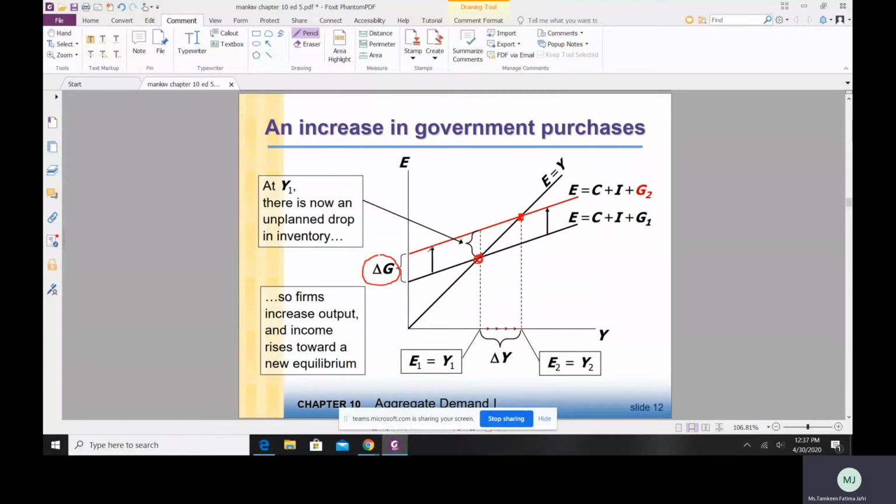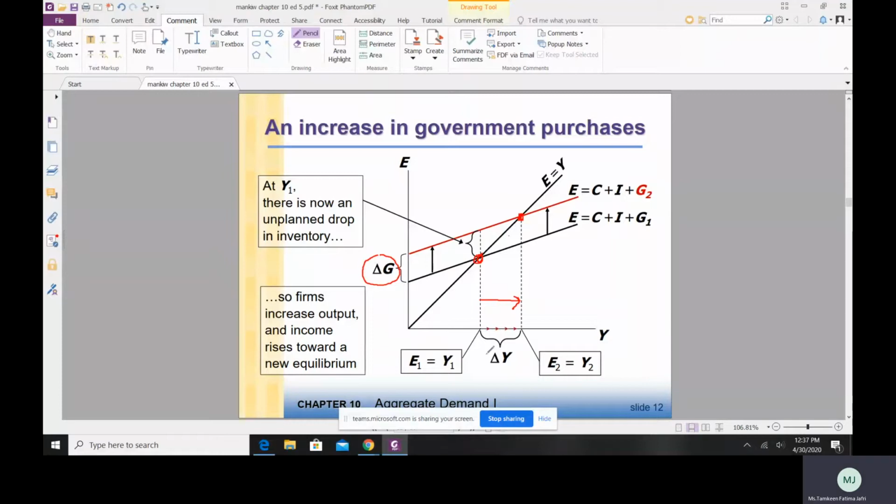But the surprising thing to notice here is कि जो Y में consequent increase आएगा, that will be more than the increase in G. And this will always be the case. So if G is increasing by $1, Y में जो हम increase देखेंगे, it will be by more than $1. If G is increasing by $100, Y में जो हम तब्दीली देखेंगे, that will be by more than $100.